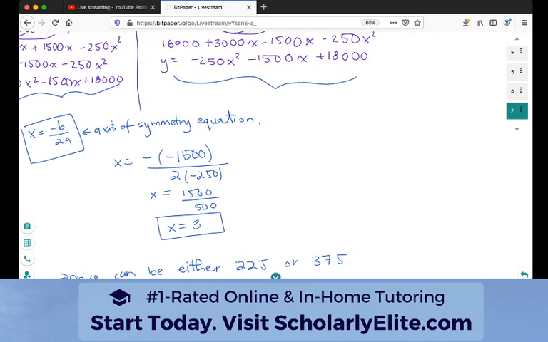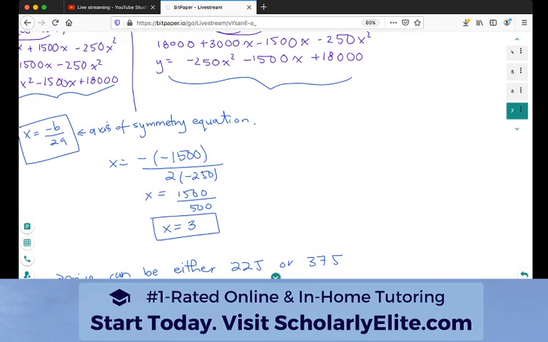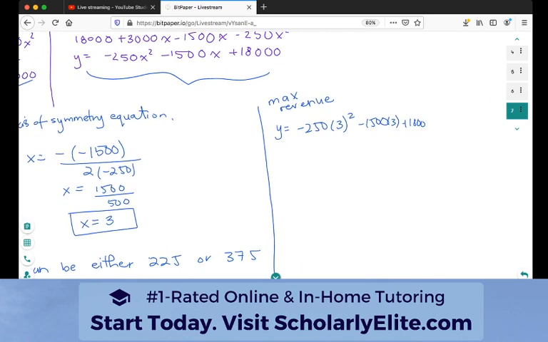So let's go ahead and do that. So we've got max revenue, and that would be y equals negative 250 times 3 squared minus 1500 times 3 plus 18,000. So let's go ahead and do that.